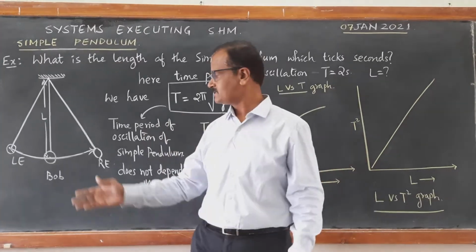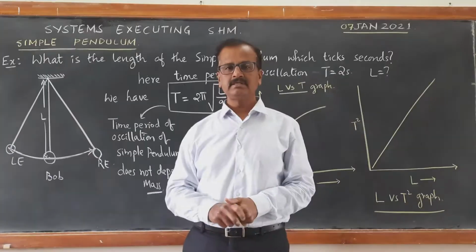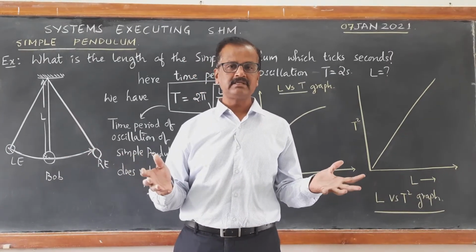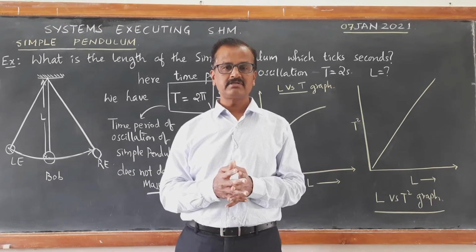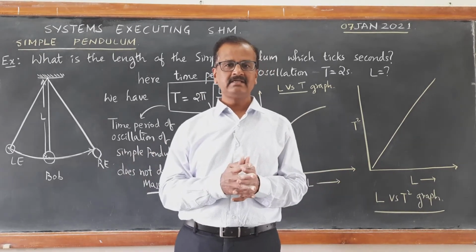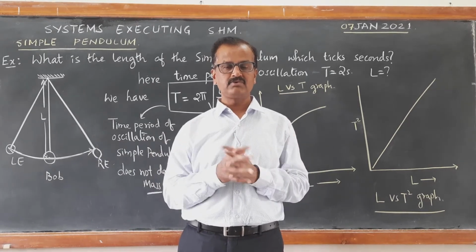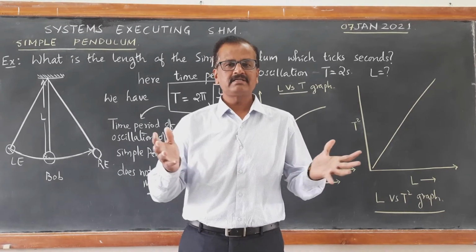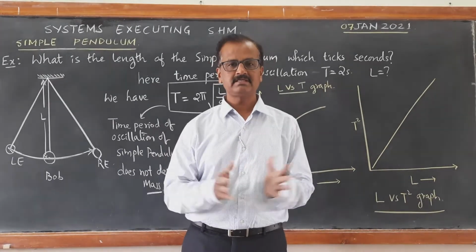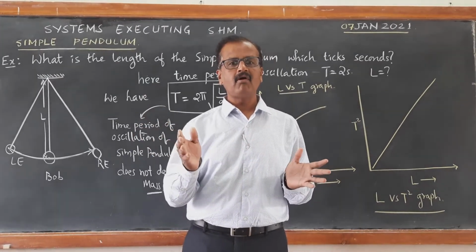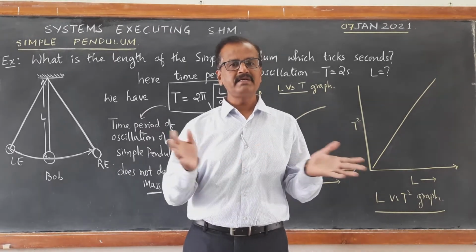And the second thing is, we are doing the experiment in the presence of air. So air will exert air resistance, air drag. Air will exert a viscous force. We have studied viscosity. Air also exerts viscous force. As a result of the viscous force, the motion of an oscillating body will not be easy.